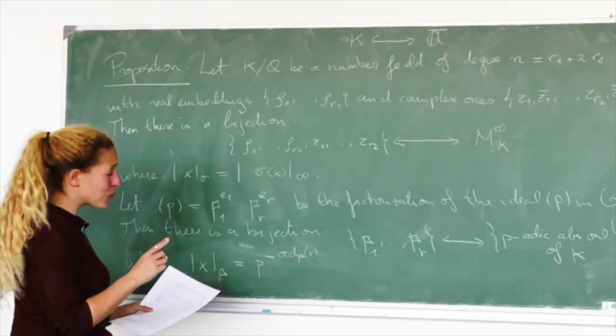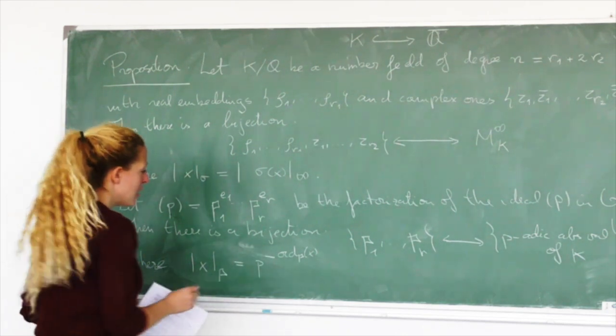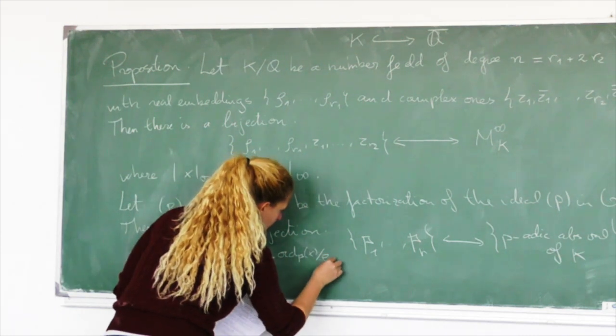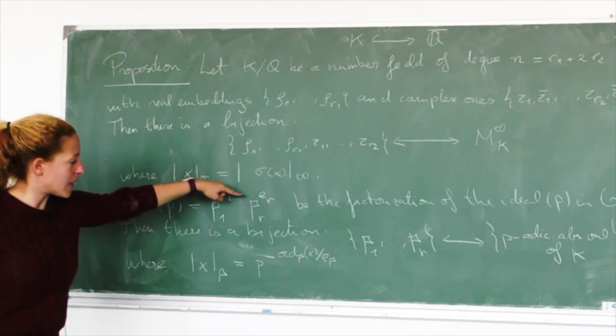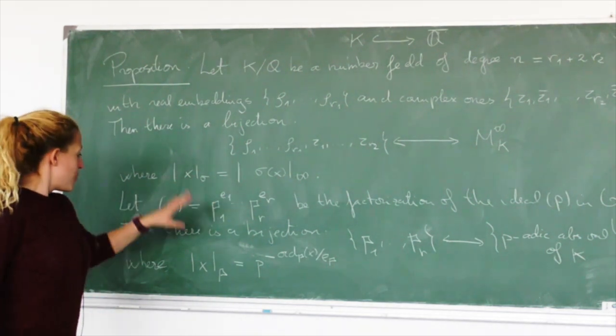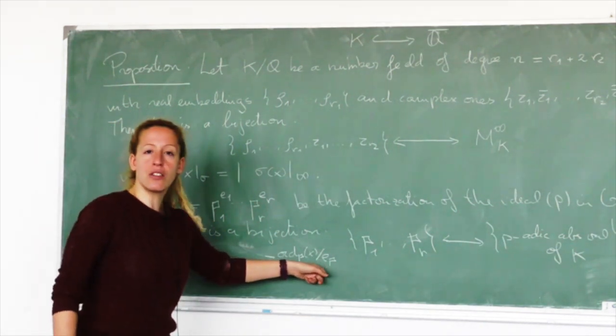And we have to do something else. It's going to give me something equivalent, but let me divide here by e_P, the ramification index that corresponds to the prime. This gives me a valuation, and you will see why we need this factor here.